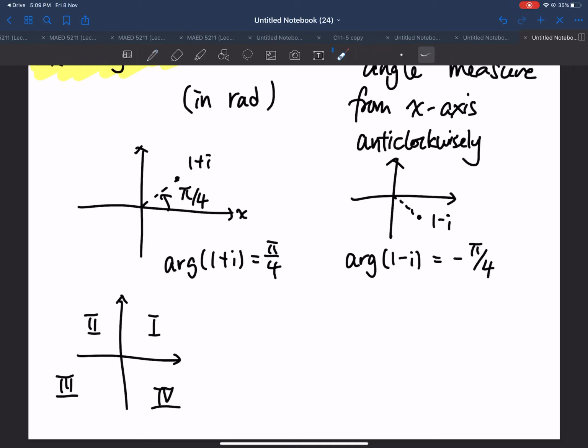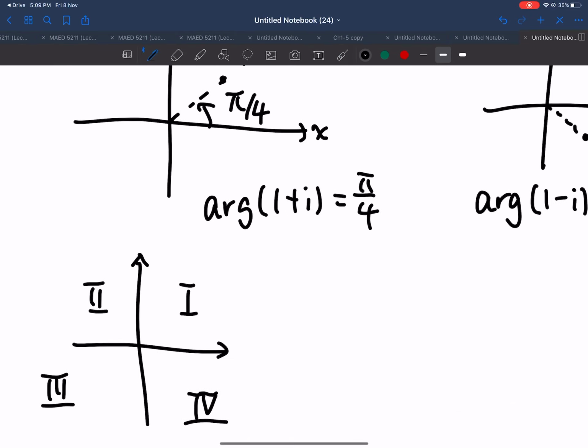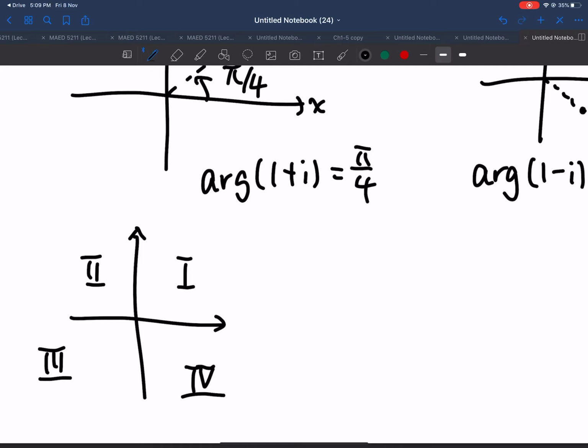So it starts from this region, 1, 2, 3, 4. In region 1, the argument should be within 0 to pi over 2. Positive. I don't say equal because it's just on the x-axis or y-axis.